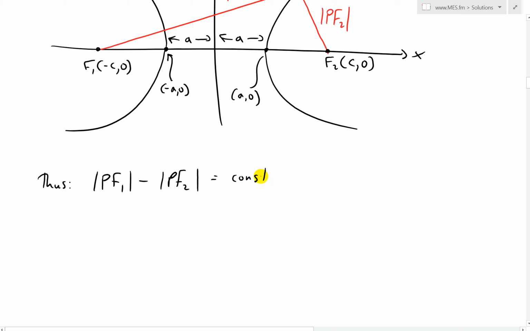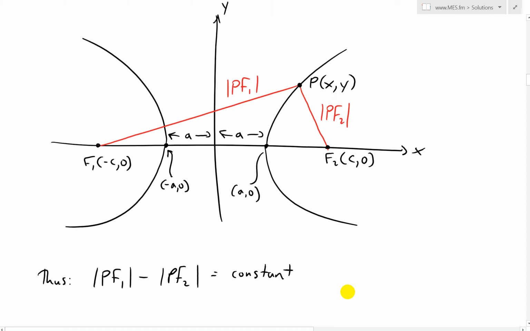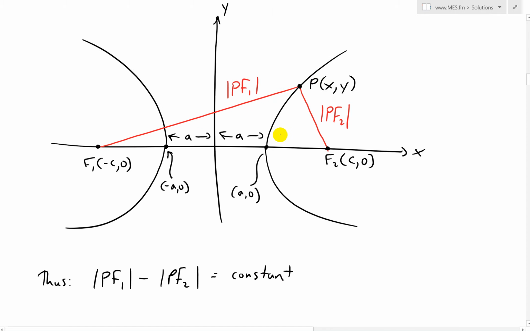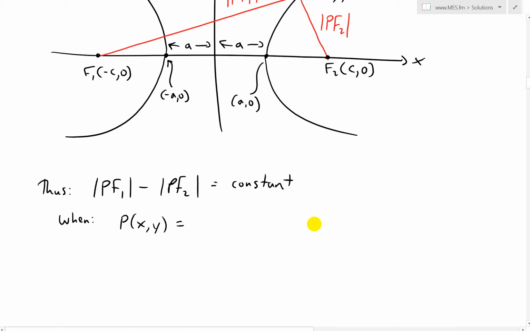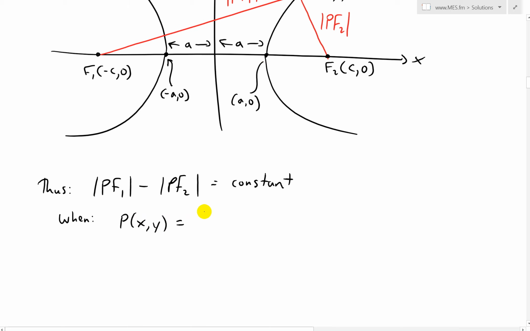If it equals a constant, then for any value of P it's still going to be constant. So let's say when P(x, y) is at the point right here at (a, 0), I'll write P(a, 0) like that. So it's at the vertex.